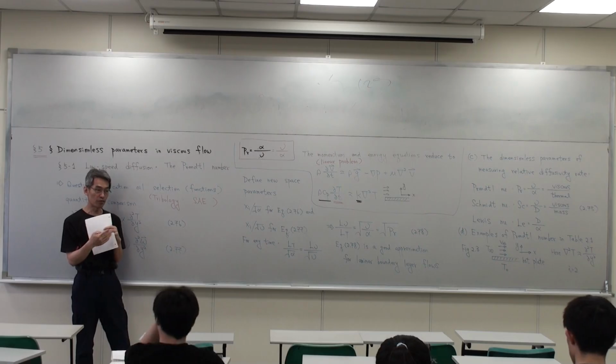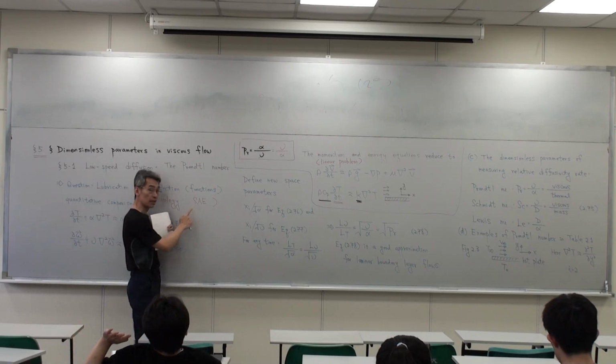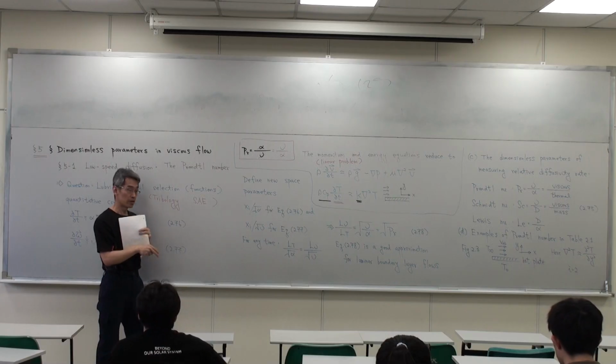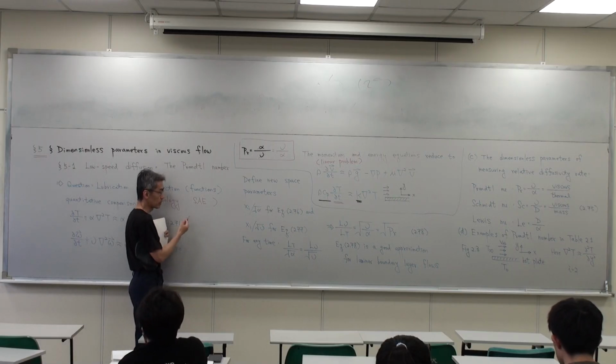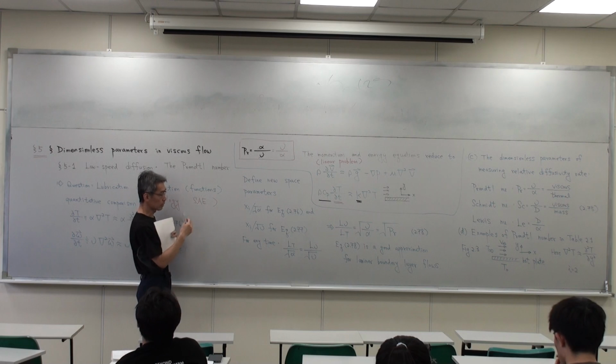Or if you have a motorcycle, you will choose a different SAE as well. Okay, so basically this is related to some kind of boundary layer in the machine design.